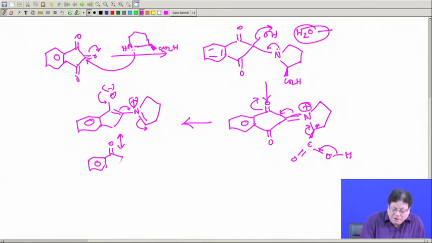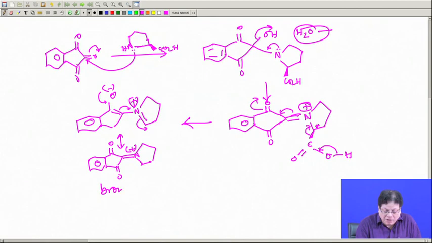Because of this resonance, you get a color, because extended conjugation is the main cause of coloration, and this is the hydrogen, but the nitrogen remains positively charged. Okay. And this is the brownish yellow color. So, proline behaves a little bit differently, because it is not able to produce the NH2 attached to the ninhydrin.